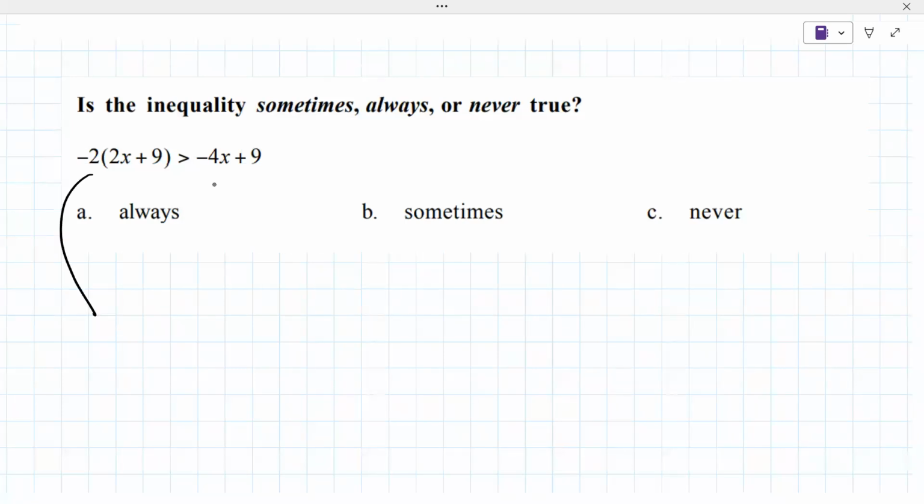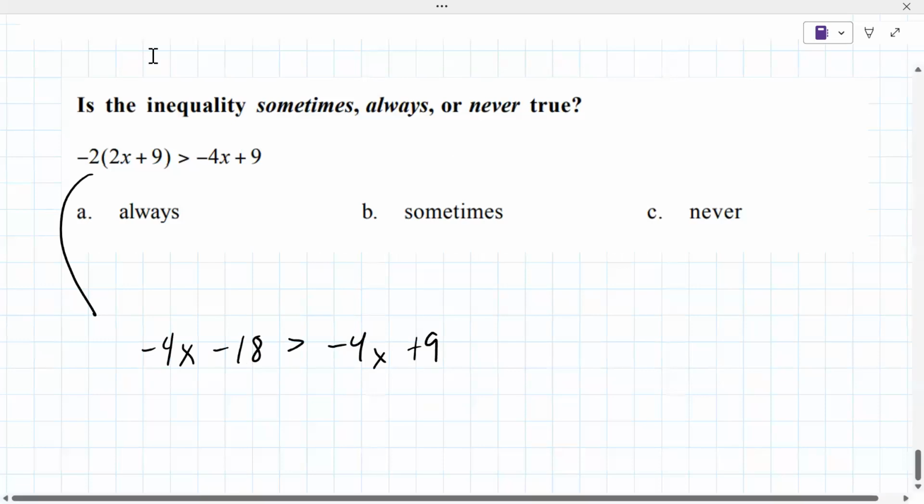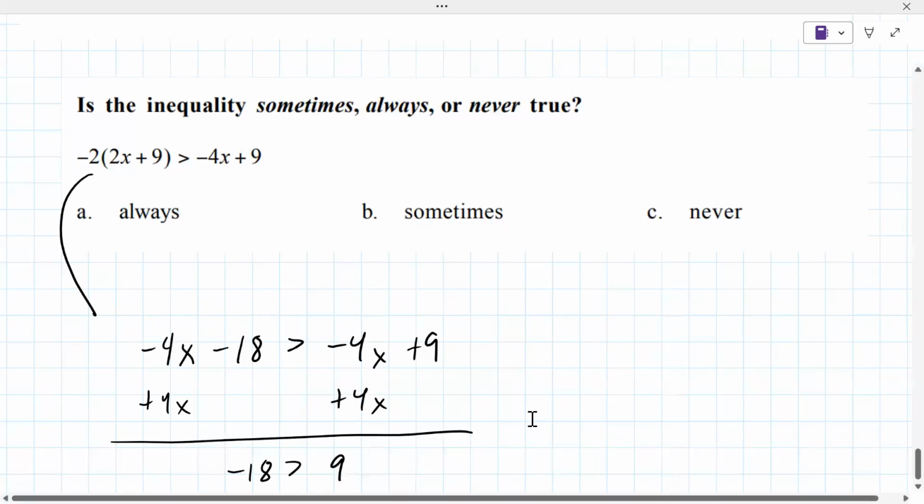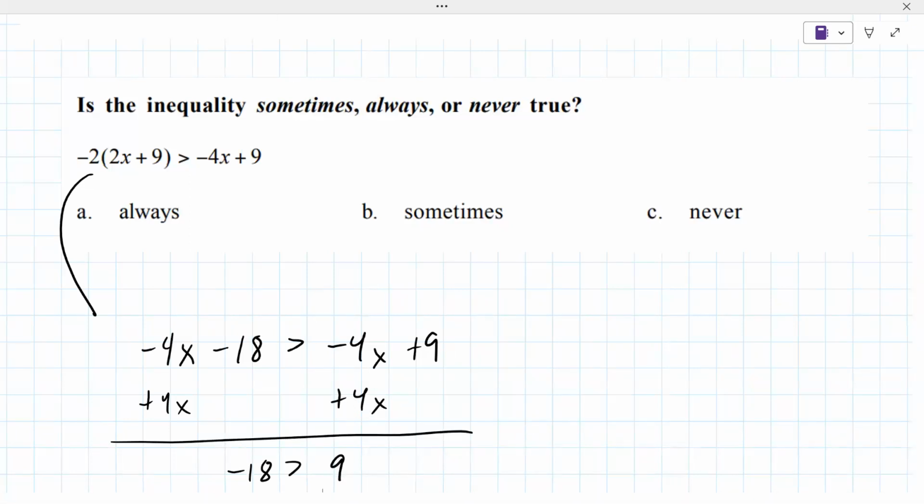Tell me what you did here. So I added, so I got 4x minus 18 is greater than 4x plus 9. I heard some different things than what I've written here, but it's negative 4x minus 18 greater than negative 4x plus 9. Okay, now when you add 4x to both sides, is this true? Oh, they're both negative. Okay, so then it'd be never.